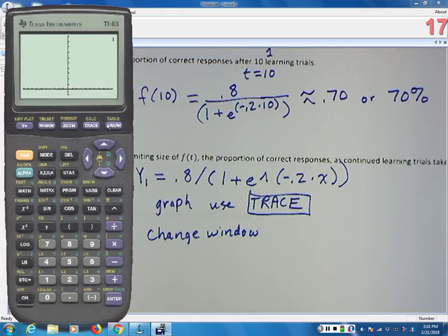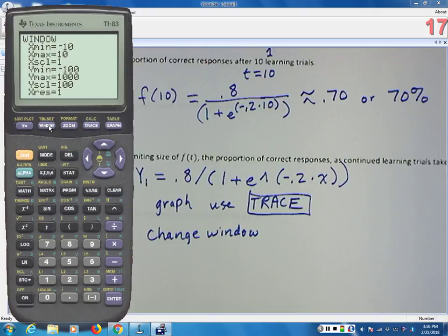We can hit graph, and we're really not seeing a lot. Why are we not seeing a lot? Because what are we getting out of this thing? Percent. We have to change our window. We're getting numbers between 0 and 1 out, so we've got to change our window for y.